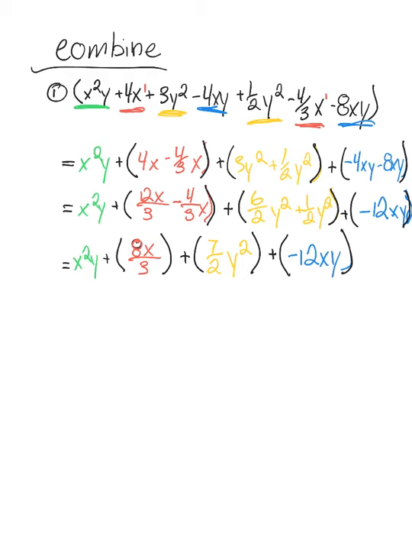So therefore, now we look at this. Are there any other single x's that we can combine? No. Are there any more x squared y's we can combine? No. Any more y squareds? No. Any more xy's?